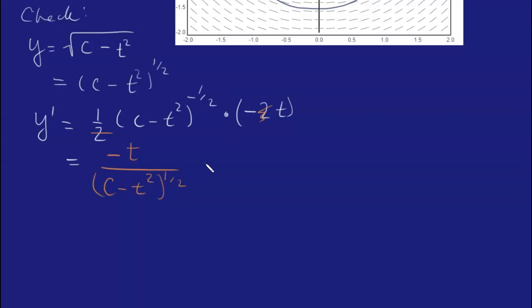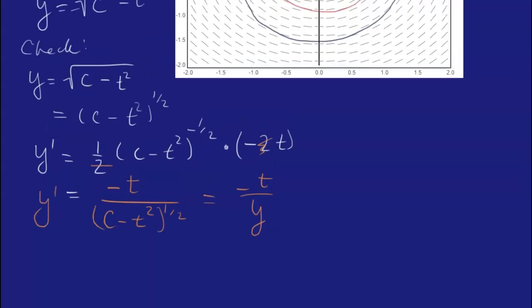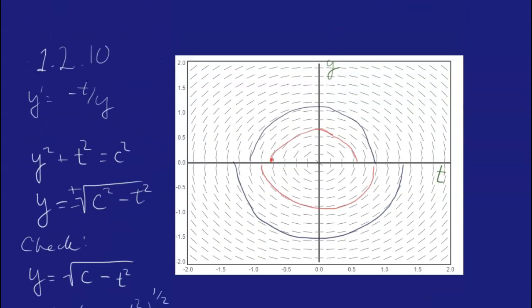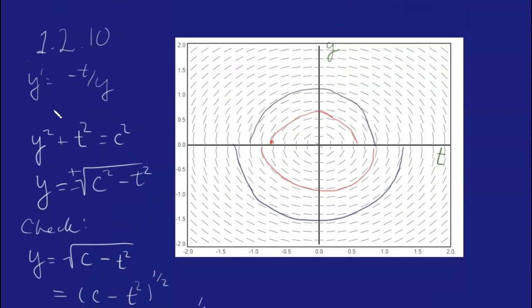But notice that what's down below in the denominator is in fact just our y. This is negative t over y. So this tells me that when I take the derivative of y, I end up with negative t divided by y, which is exactly what our equation was in the beginning. So that means this was a good guess.